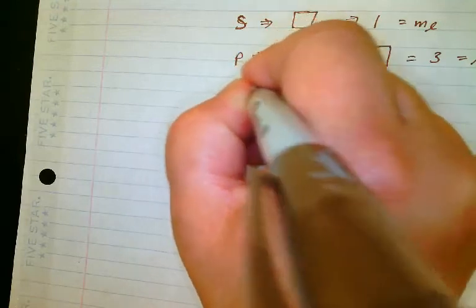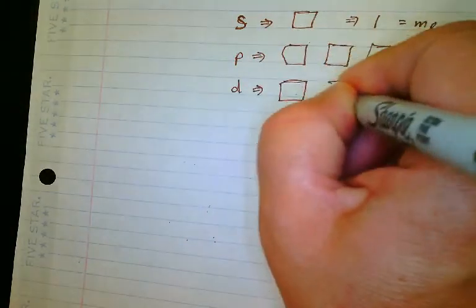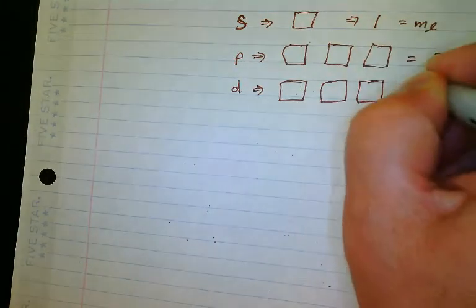For D, how many boxes do you draw for D? 1, 2, 3, 4, 5. You draw 5 lines for D. We're counting how many pictures there are. Each picture is a box. So P has 3 boxes, right?